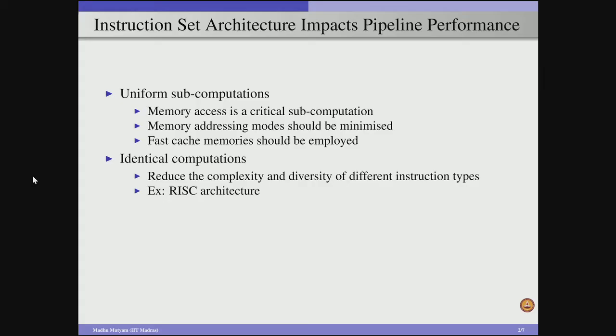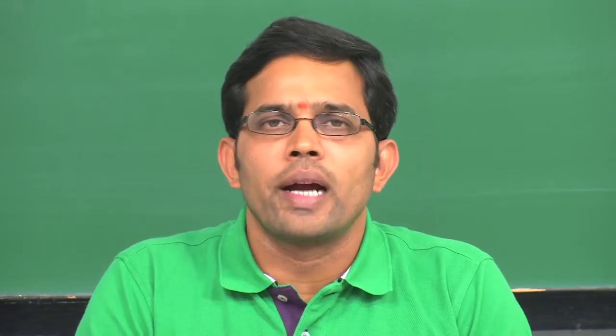As a result, we may get identical computations among the instructions, and the best example of such instructions is the RISC architecture, reduced instruction set computer architecture, which provides simpler instructions.